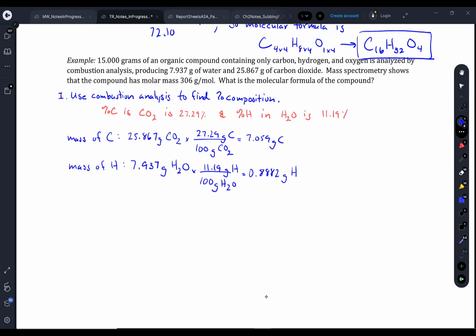Okay, so what is the percent of carbon? You might need to read the problem again. The percent of carbon in the compound is the part over the whole. The part is the 7.059 grams of carbon. What's the whole? That's coming from where?